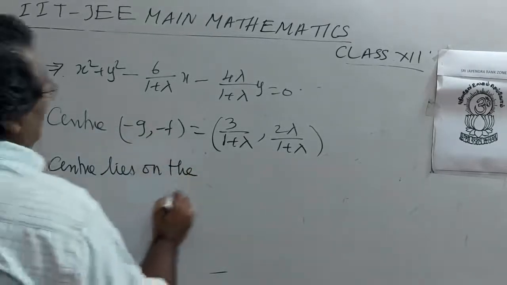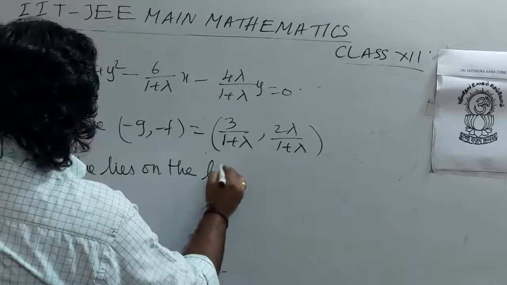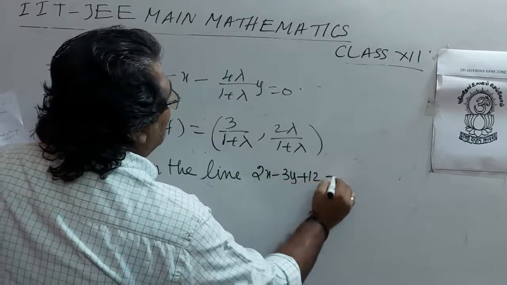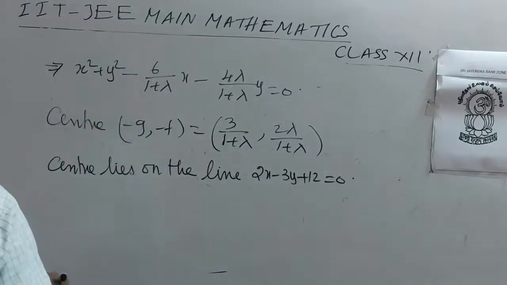Center lies on the line 2x minus 3y plus 12 equals 0.